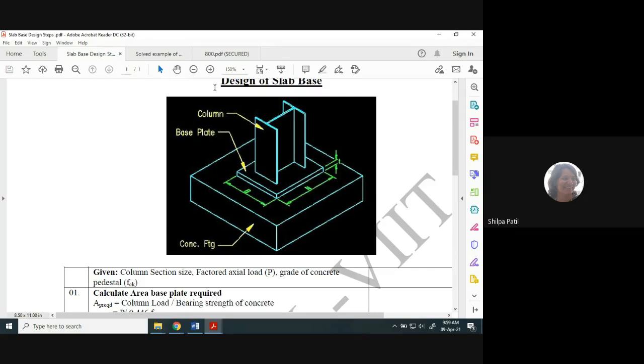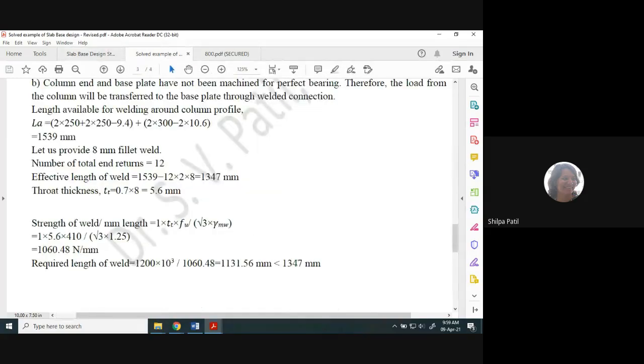This is why it is not provided, based on this calculation. See, even right now if we consider this 250 into 2 minus 9.4, what is this value coming? We'll simply calculate 2 into 250 minus 2 into say 9.4, right?